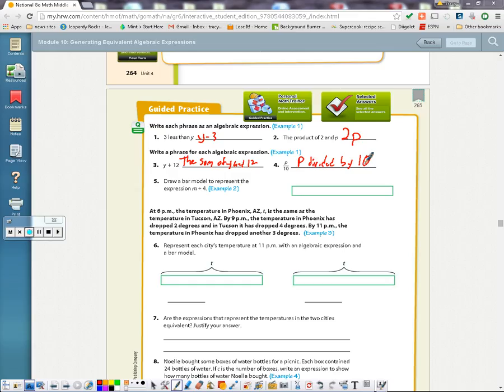Okay, let's go on to number 5. Draw a bar model to represent the expression m divided by 4. Think back to the bar model that we worked on, m divided by 4.